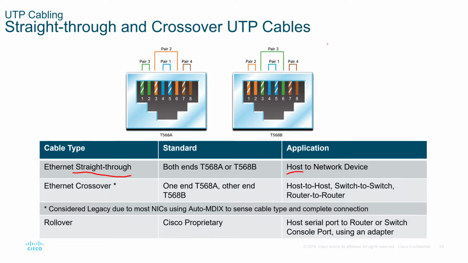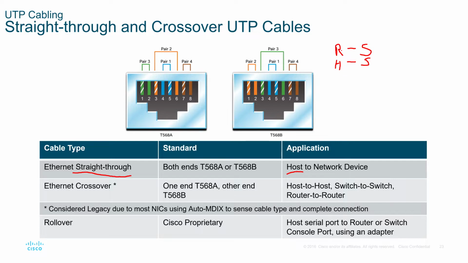They have to go between unlike connections. So I may go from a router to a switch. I may go from a host to a switch. Routers and hosts have the same type of interface, so that would be the same.